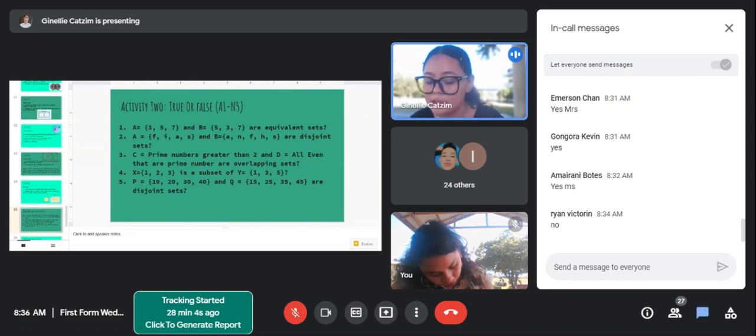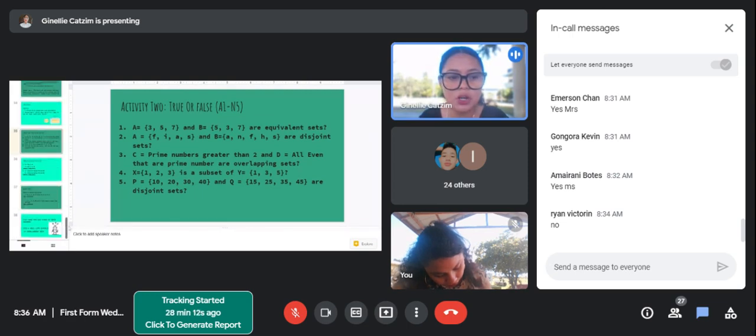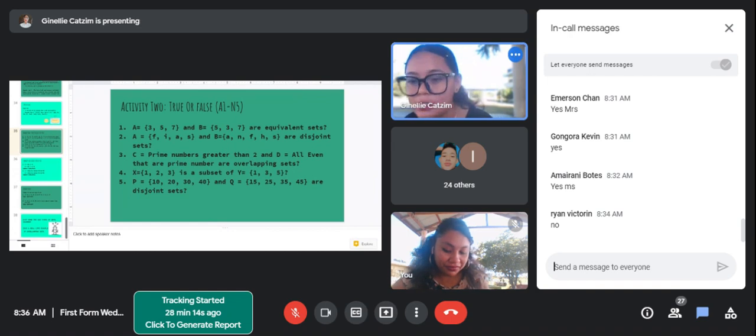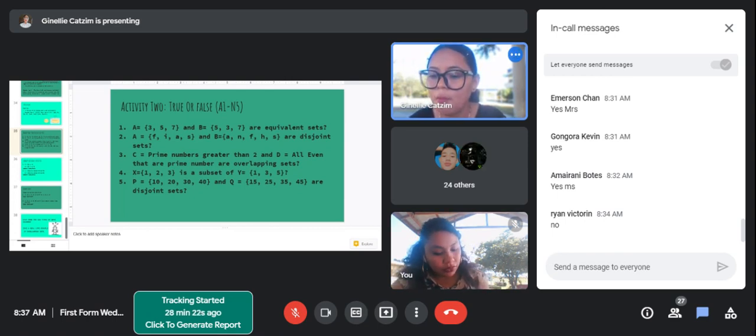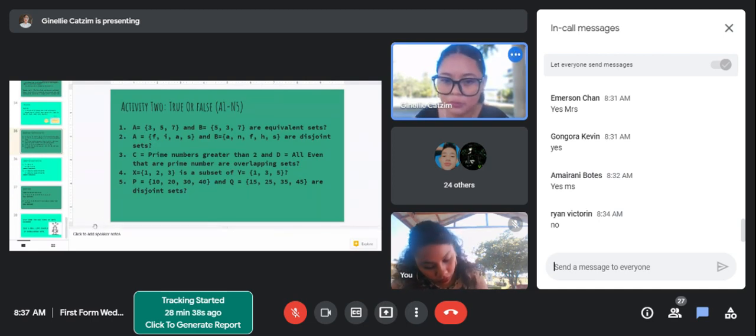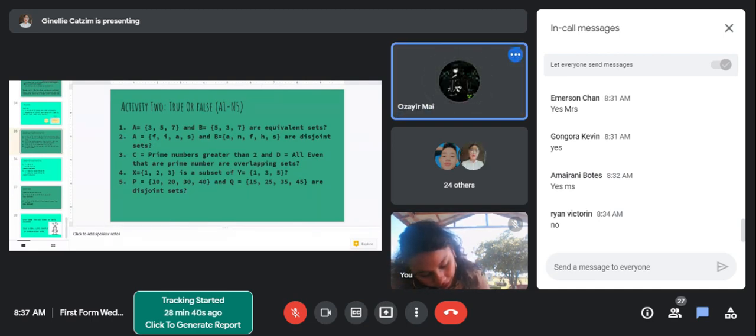Are those overlapping sets? Anyone want to share? What do you think? Just give me an answer, true or false, and we will discuss why it is true and why it is false. So are sets C and D overlapping sets? True or false?